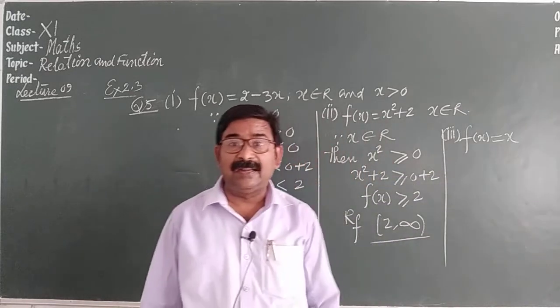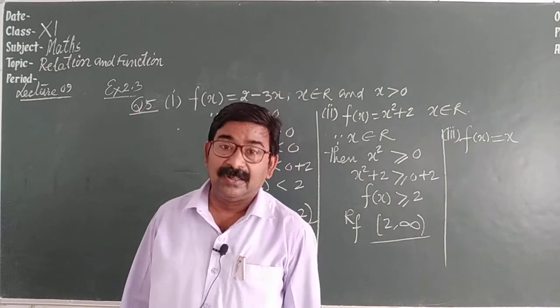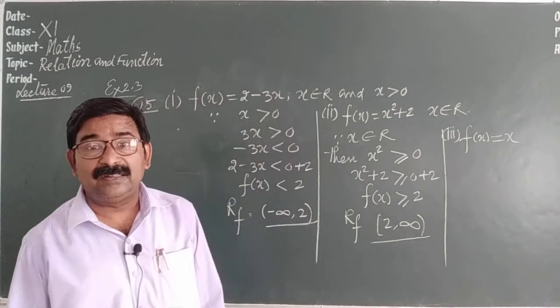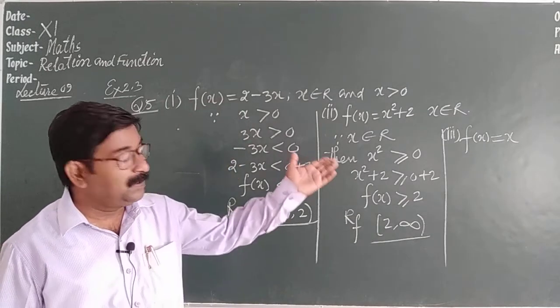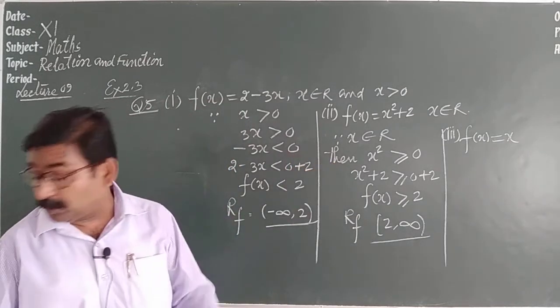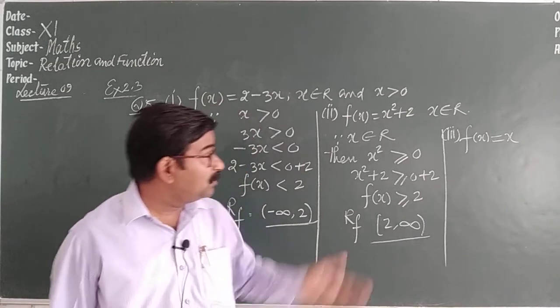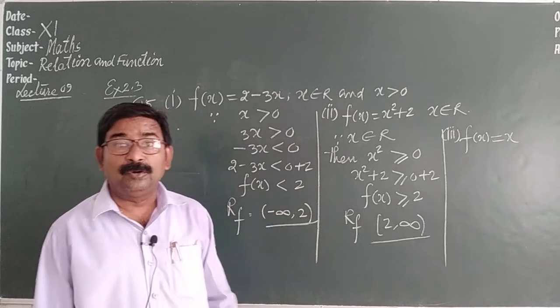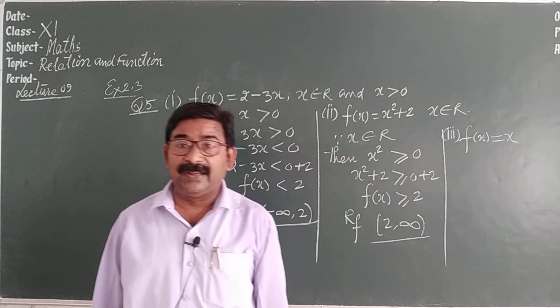For any identity function, the domain and range are always all real. So the range of this function, given x is real, is all real. So x is real, so y is also real because y = f(x). So if x is real, then y is also real. So its domain and range are both real.